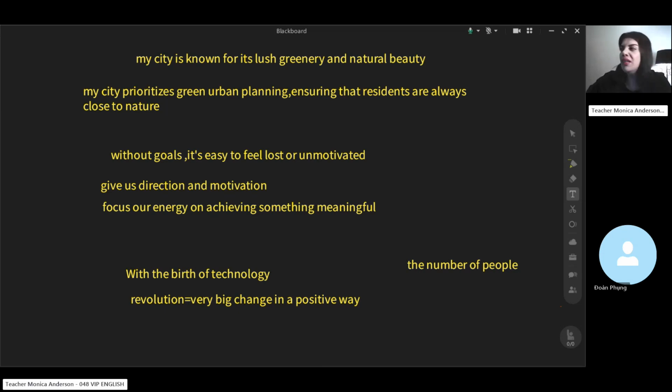For example, referring to artistic aspects, or in terms of artistic elements, though that is not really good here, or regarding artistic matters.